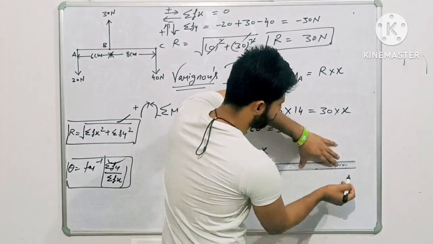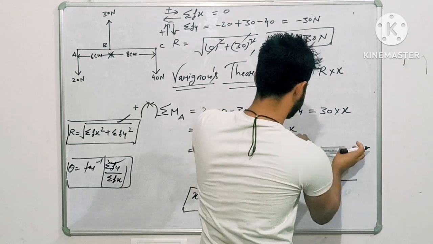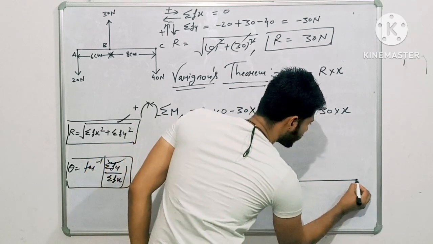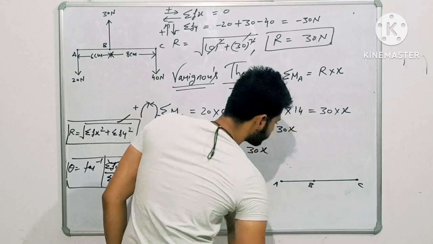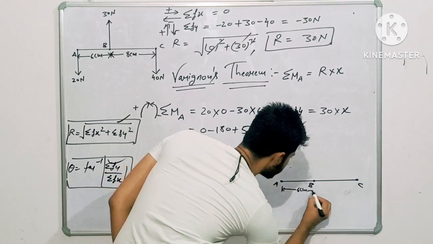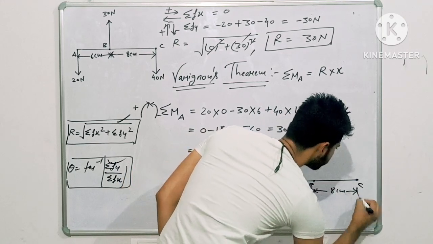How can we show? This is our axis, this is our point A, this is our point C, this is our point B, and this distance is 6 centimeter and this distance is 8 centimeter.